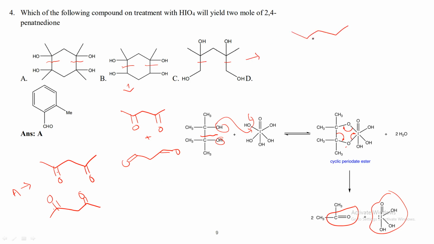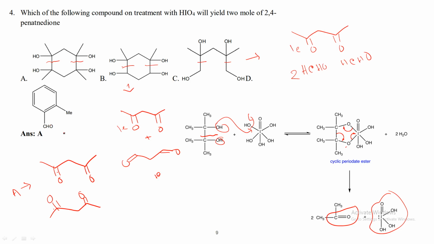So this and here HCHO, right. So here two equivalents of formaldehyde and one equivalent of this will form, and here one equivalent of this, one equivalent of this.